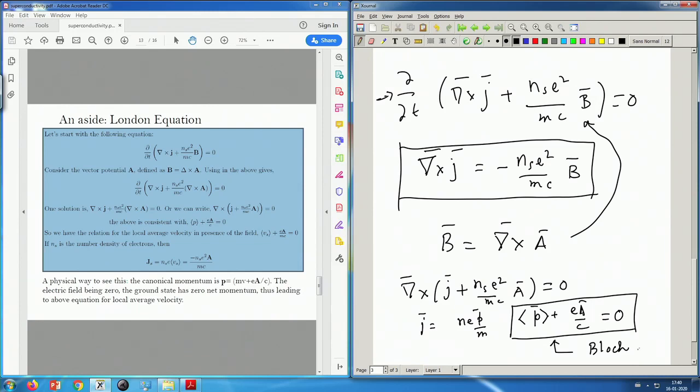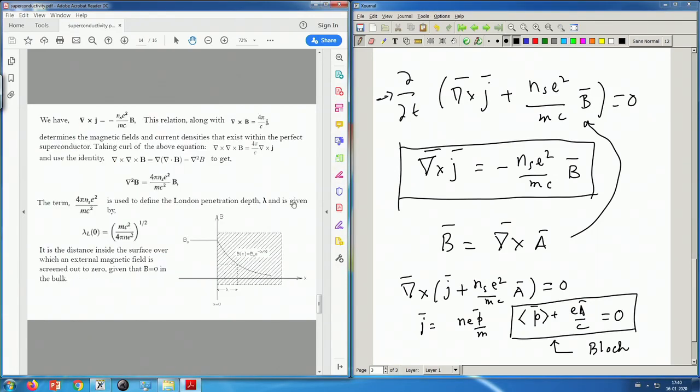So, Bloch's idea is basically consistent with London's equation. That is all this aside tells us. Bloch never published it, but he actually mentioned that the average canonical momentum inside a superconductor in the ground state should be 0, and that is consistent with the equation that we got from London's equation.